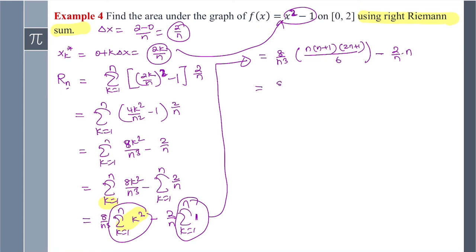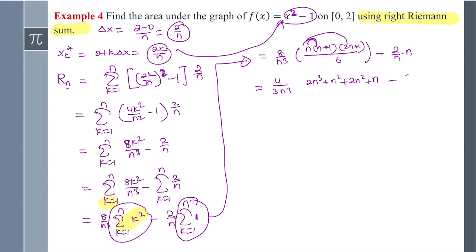Now we have 8 over, so we can bring that 6 out, and then we can cancel the common factor of 8 and 6, which is 2, so we'll get 4 over 3n cubed. So we can multiply here: n times 2n gives us 2n cubed, plus n times 1 gives n squared, plus 1 times 2n gives us 2n squared, plus n times 1 is n.